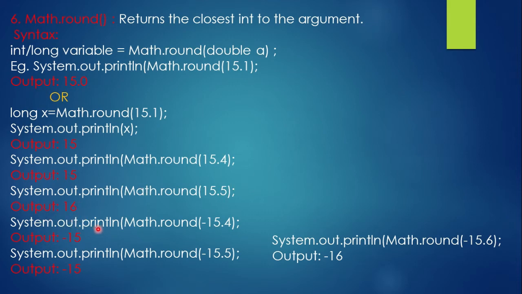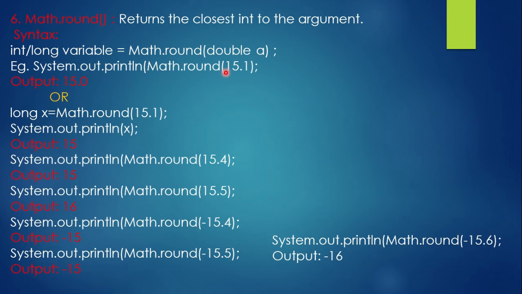Now negative numbers. All the negative numbers are always tricky. See, minus 15.4 gives minus 15, and when you consider minus 15.5, it will also be minus 15. So for negative numbers up to 0.5 the answer will be the number itself, and for positive numbers up to 0.4 the answer will be the number itself.